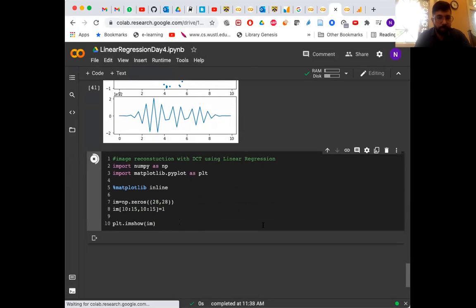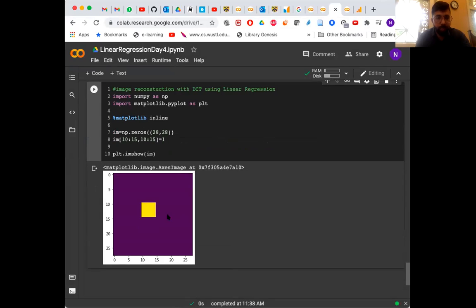So let's see what is the image that I'm working with today. I've just generated a simple image, which is 1 in the foreground, 0 in the background. Let me write the expression for what we need to do.